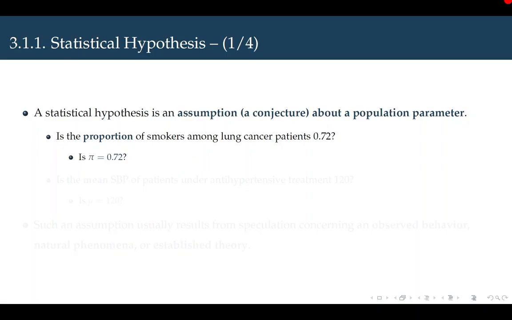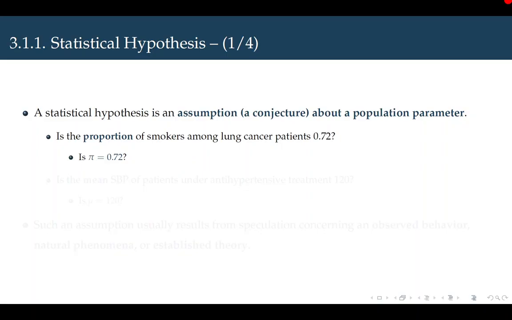So for example, if we have a question of interest, something like, is the proportion of smokers among lung cancer patients 0.72? Now here, the population parameter of interest is the proportion of smokers among lung cancer patients. And here we have an assumption that it is 0.72. Now 0.72 is not a sample value.